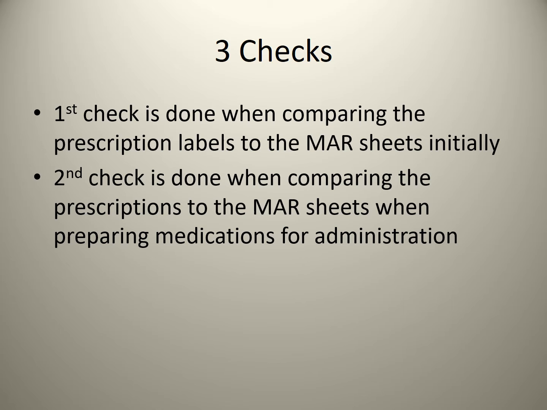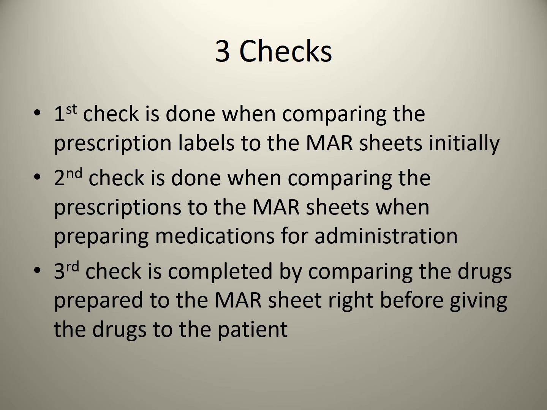The second check of the nine rights is done when preparing the medication for administration, so putting it in our med cups, putting it in our syringes. The third check of the nine rights is done right before the patient consumes the medication.